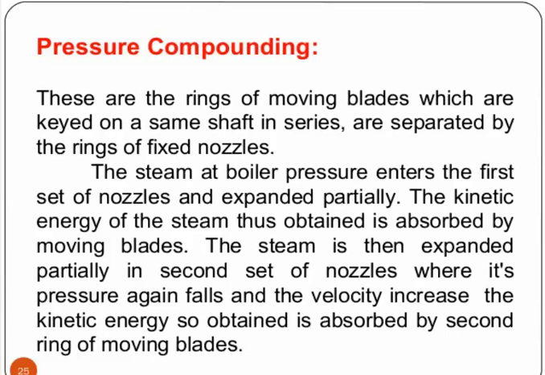The kinetic energy of the steam thus obtained is absorbed by the moving blades. The steam is then expanded partially in the second set of nozzles, where its pressure again falls and velocity increases. The kinetic energy so obtained is absorbed by the second ring of moving blades.